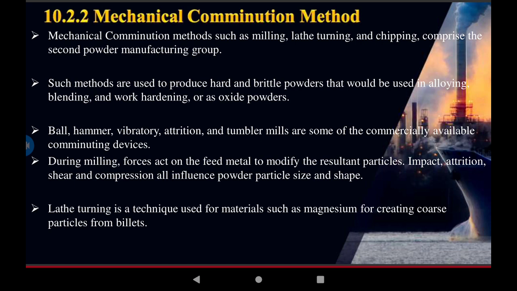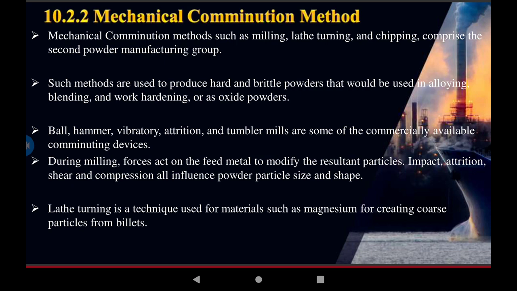The powder is achieved at the nanoparticle and micro levels, and the very fine powder is the result of impact, attrition, shear, and compression. All of these influence powder particle size and shape.